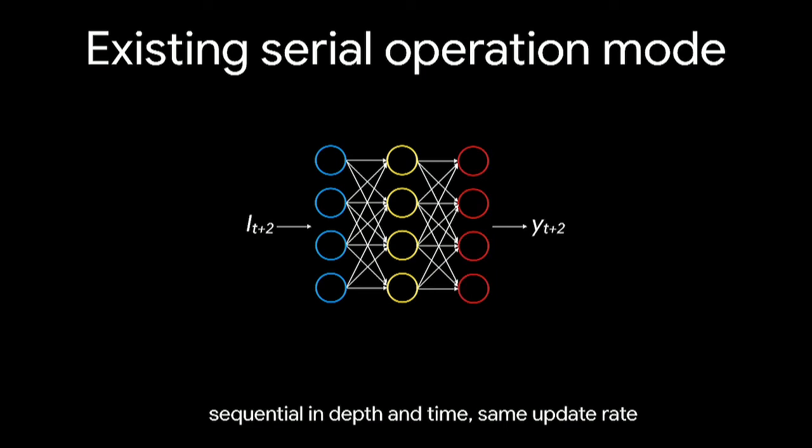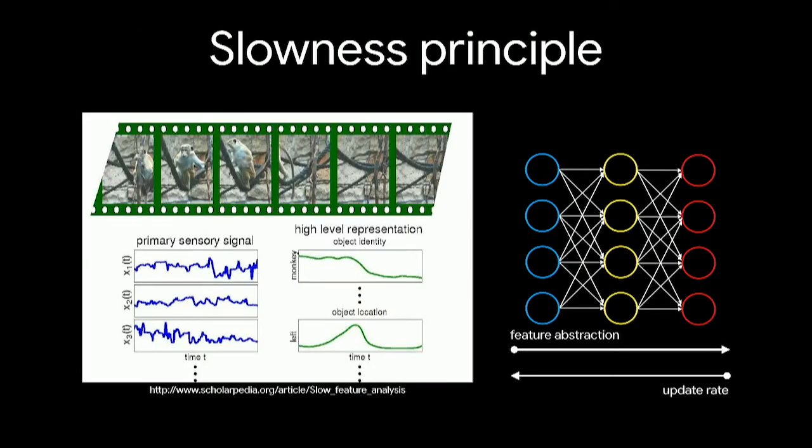And again, this is not needed if we take, for example, into account the slowness principle. And I'm just trying to depict here what that means. This principle informally states that fast varying observations are explained by slow varying factors. So if you look at the top of the figure on the left, those are the frames of a video depicting a monkey.